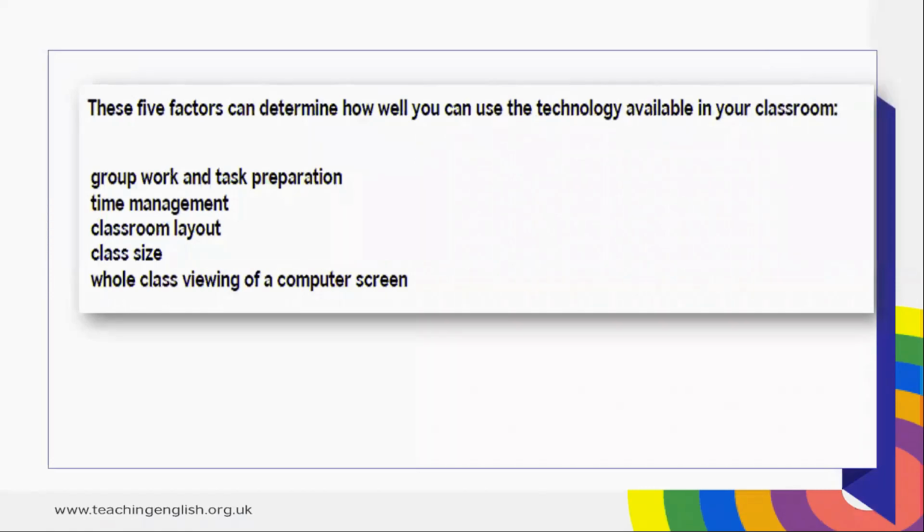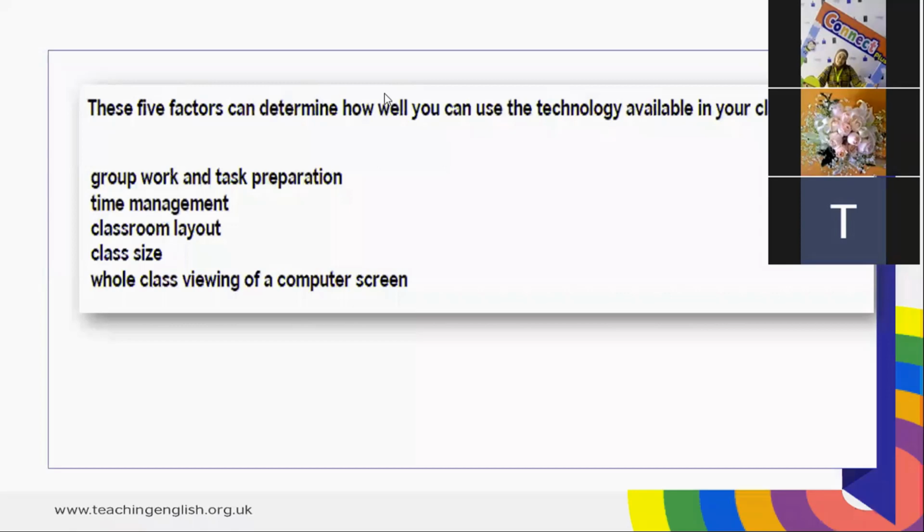If you have a large number of students, this will affect how you manage the class and how many tasks that you give to them and how you run those tasks. As for the second one, time management, because all of us know very well that technology may take time more than expected. We have just all tried to use technology in our class.